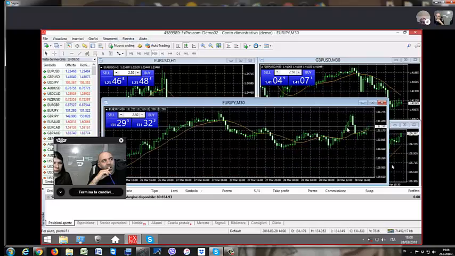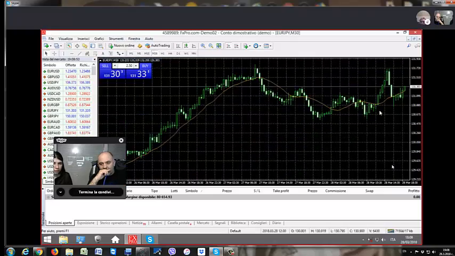It always is at the moment, because the market can change. But you are right, because from the bottom, euro yen moves up.